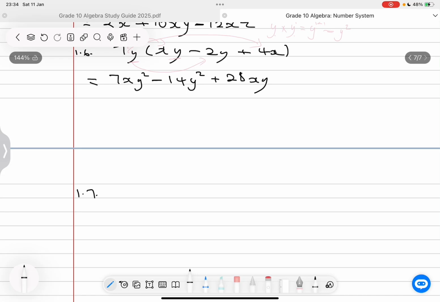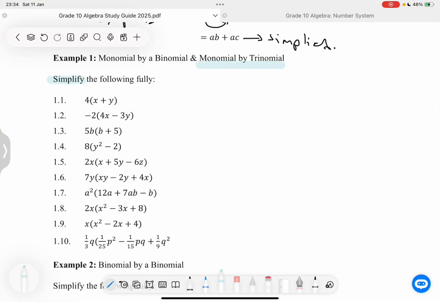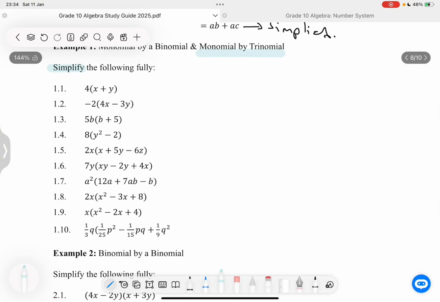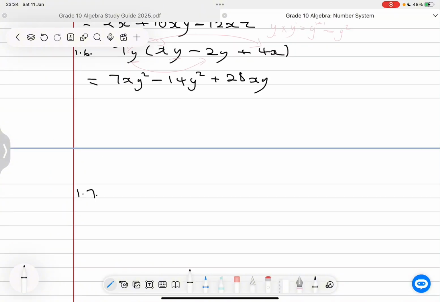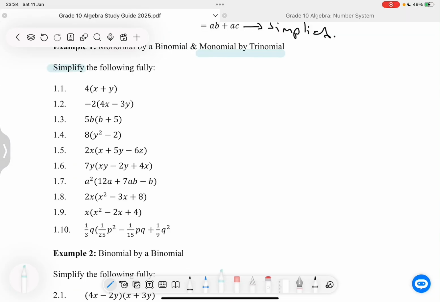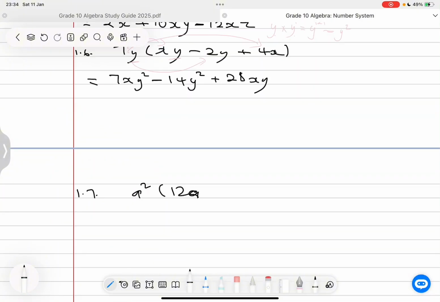If we jump to question 1.7, it says here that we have a times a squared times 12a, and we also have the 7ab minus b, right? So we're going to have plus 7ab minus the b.